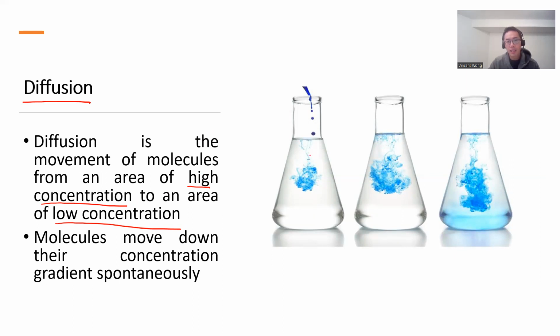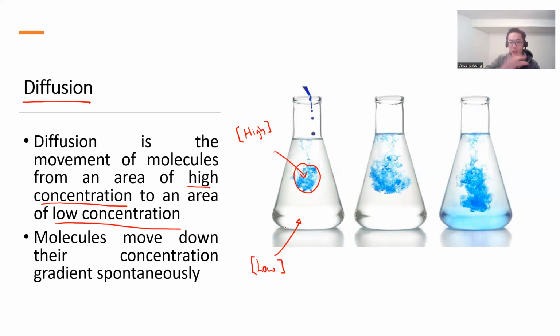The best way to visualize this is to imagine you have a flask of water and you add some dye to it. Okay, so this area is high concentration, and we can put square brackets to represent concentration. That's like an official way of how you do it. And elsewhere in the flask, you will have low concentration.